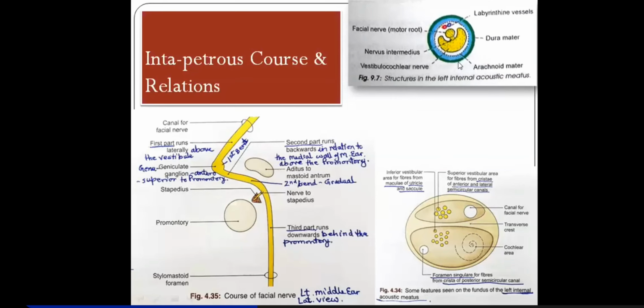They're all surrounded by meninges, even including the subarachnoid space, CSF also. And of course, this portion needs its own blood supply because it's going deep inside, I mean, it's a canal. So these are the labyrinthine vessels. Labyrinthine artery is a branch of the basilar artery.